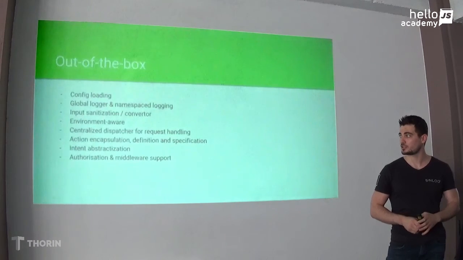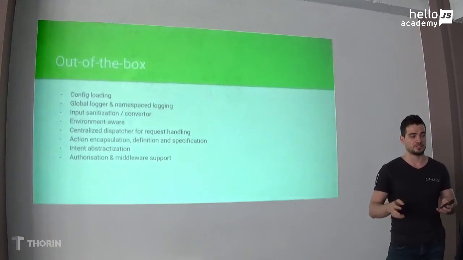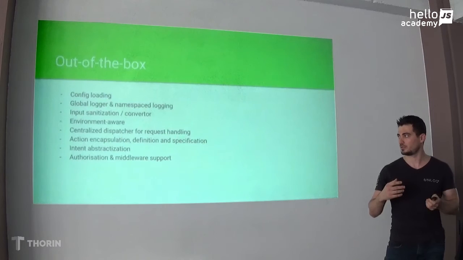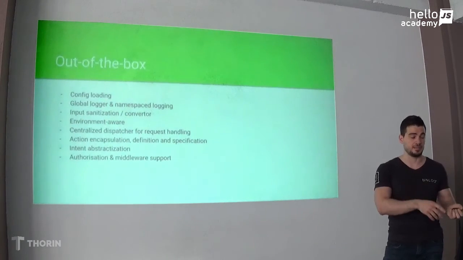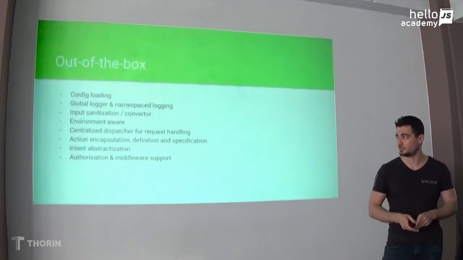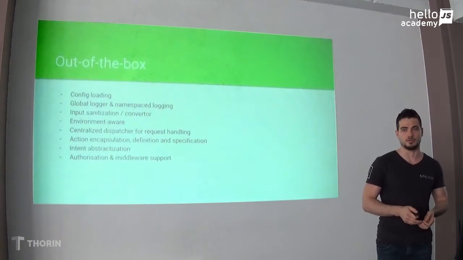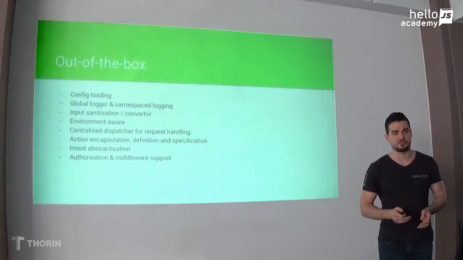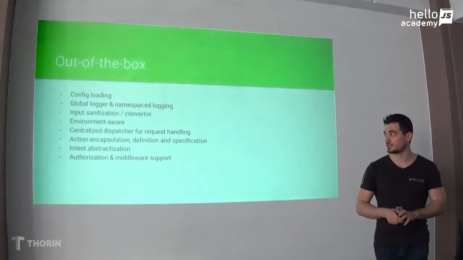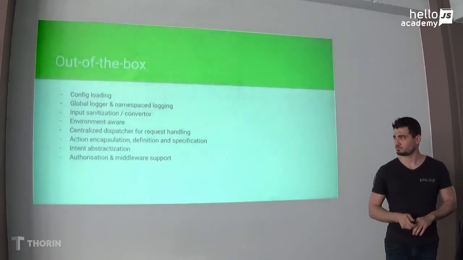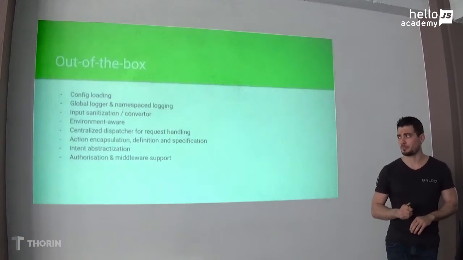And this abstracts away all this. Well, the intent does that. I mixed it up a bit. The action is actually the definition of how you define routes inside a Thorin application. I'm going to come back to that.